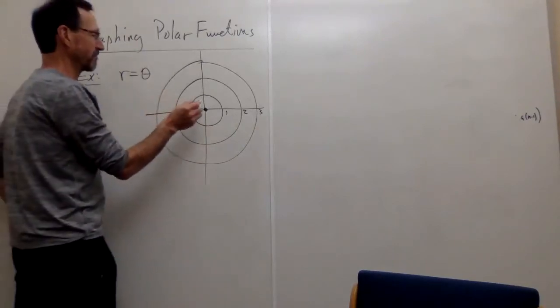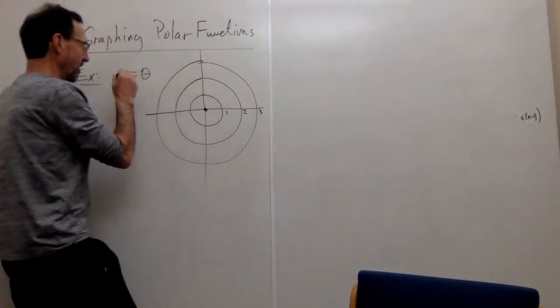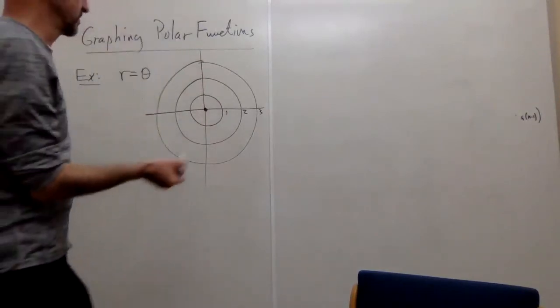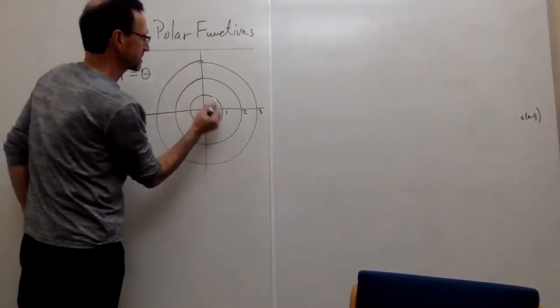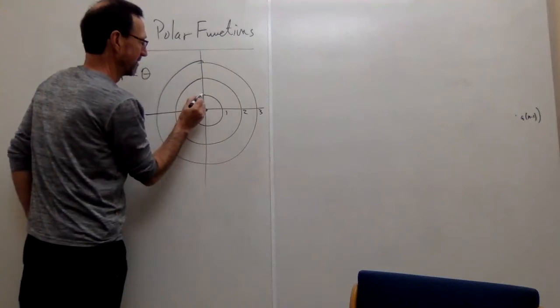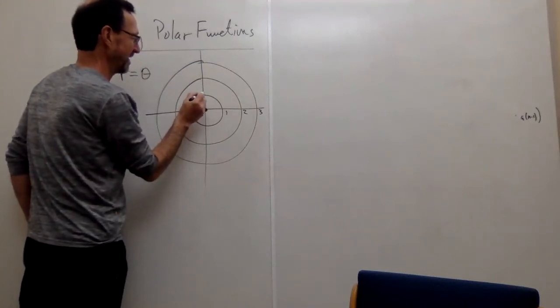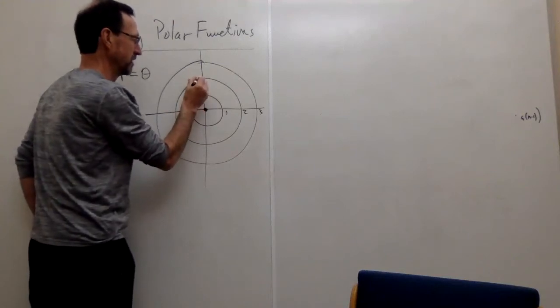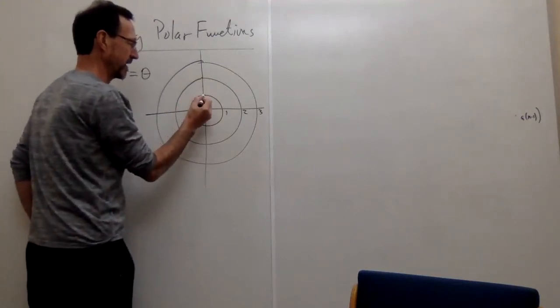Now, when theta gets up to pi over 2, r is pi over 2. Well, pi over 2, 3.14 divided by 2, is about 1.57. So I'm at pi over 2. Here's 1, and we need to go up, and this is 2 units away. R is 1 here, R is 2 there.